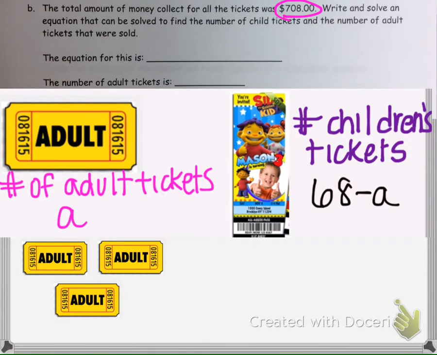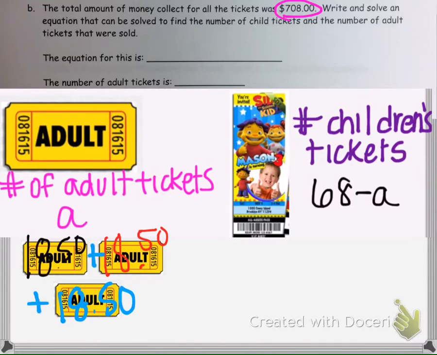So each adult ticket is $18.50, and if we add up all these 18.50s, that tells you how much was made from adult tickets. But we don't know how many adult tickets.